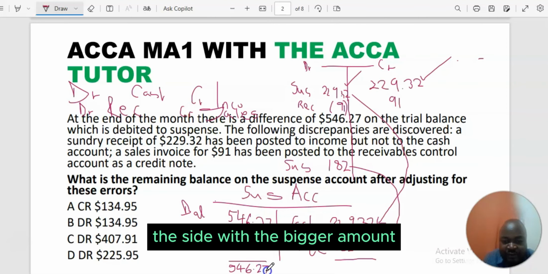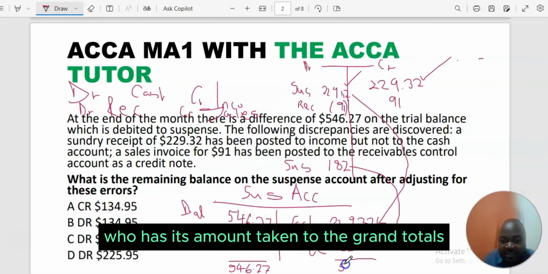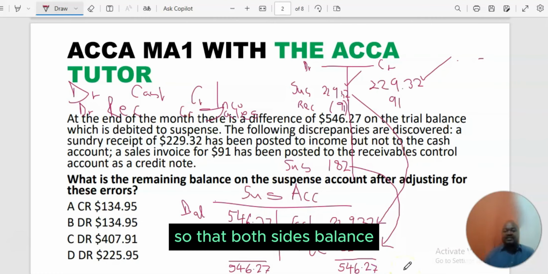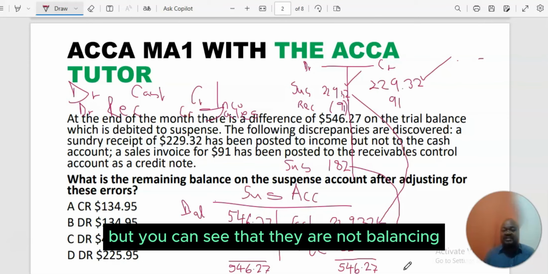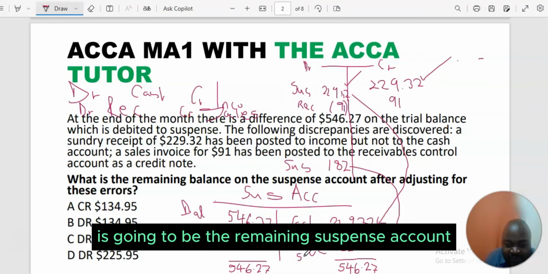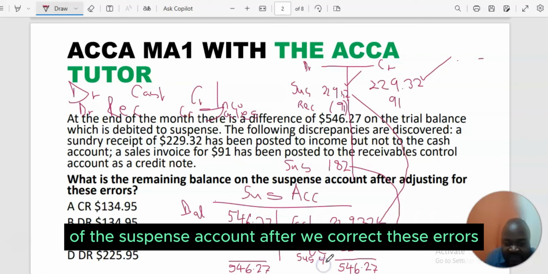Okay, the side with a bigger amount will have its amount taken to the grand totals, so that both sides balance. But you can see that they are not balancing. So the outstanding balance here we need to squeeze is going to be the remaining suspense account balance. Okay, balance CD of the suspense account after we correct these errors.